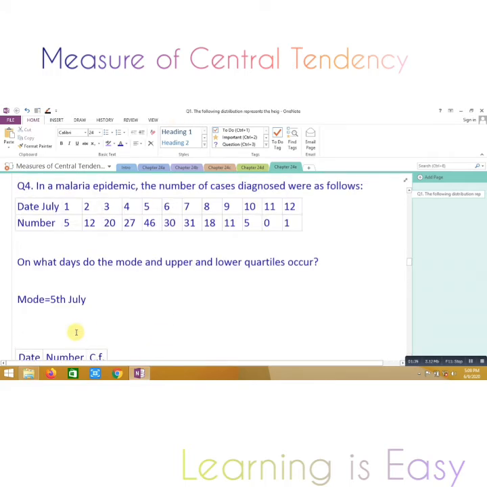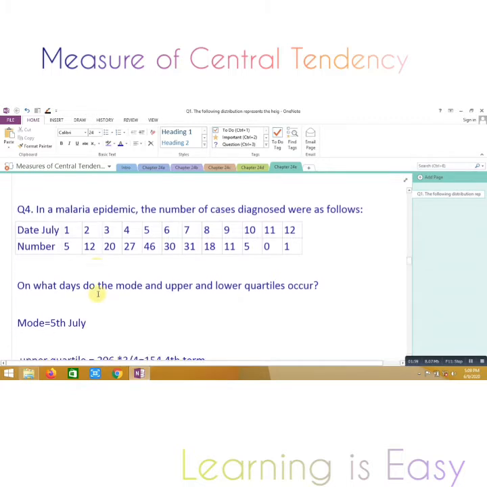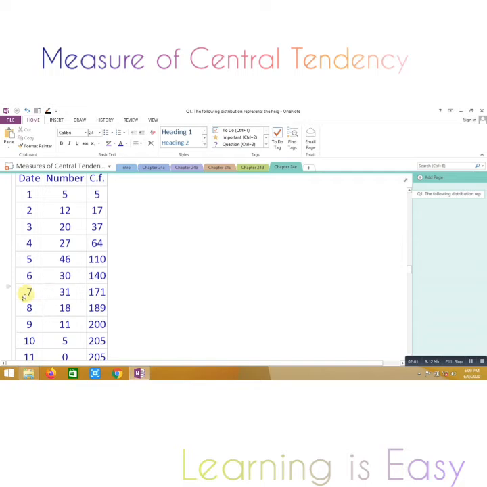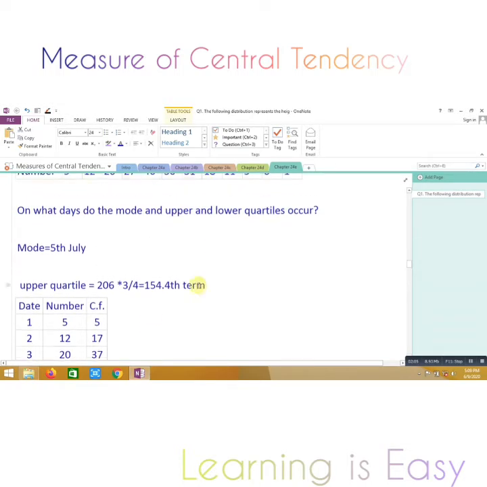So to find the upper quartile, 206 into 3 by 4. That's the 154.4 term. So 154 falls in 7th July. So July 7 is the upper quartile.